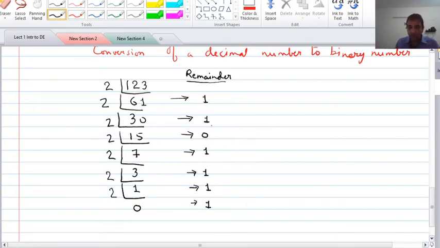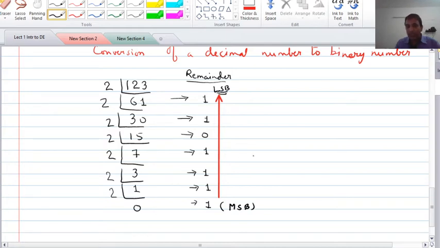So now how can we write its converted number? We have to move from this side to this side, taking this digit as LSB. Please remember that this is the least significant bit, this is the MSB and this bit is the LSB.